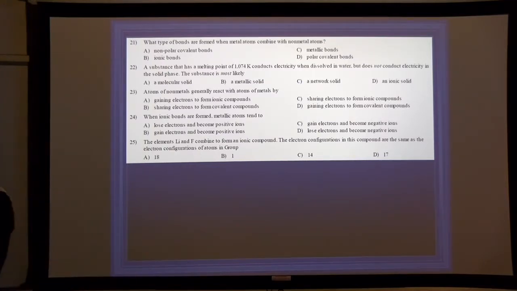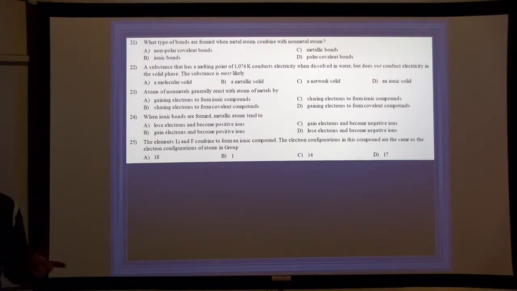And now its leftover electron configuration will look like what group on the periodic table? When it loses its valence electron and shrinks, it's going to have the same electron configuration as which group?